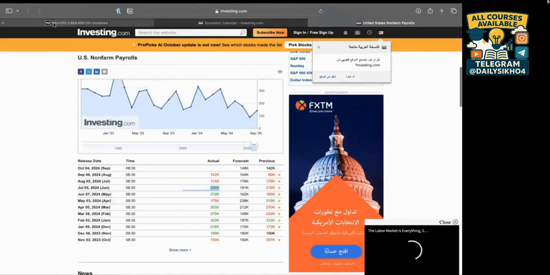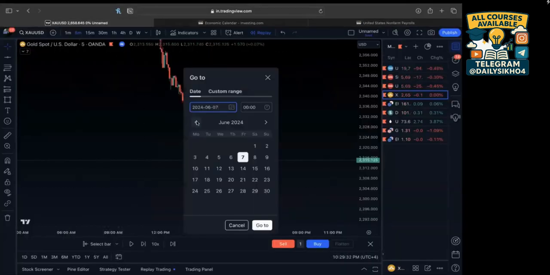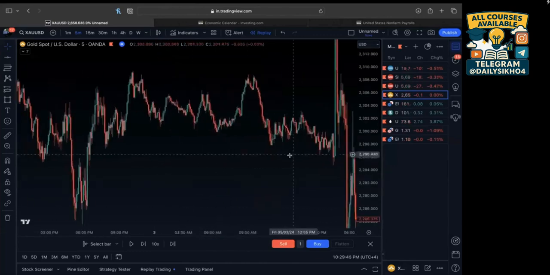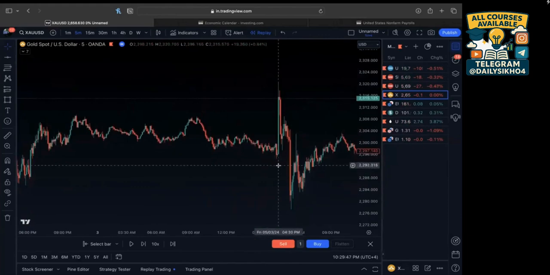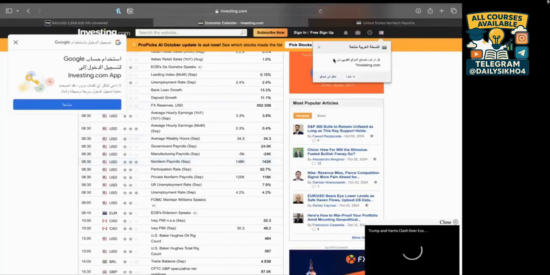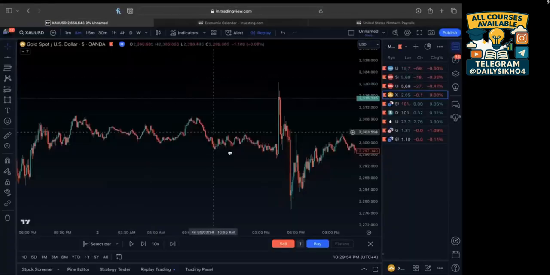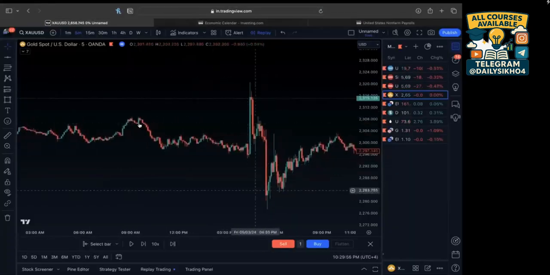After that we'll go to May 3rd, 2024. Again lower than expected. So with lower than expected, we have observed in the past that whenever the reaction is lower than expected, price goes up and then comes down.